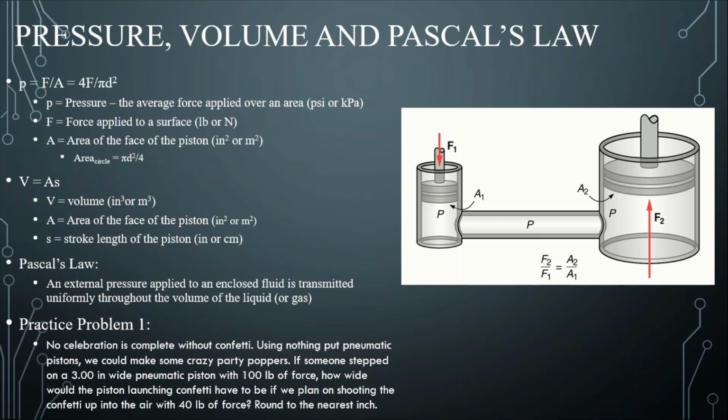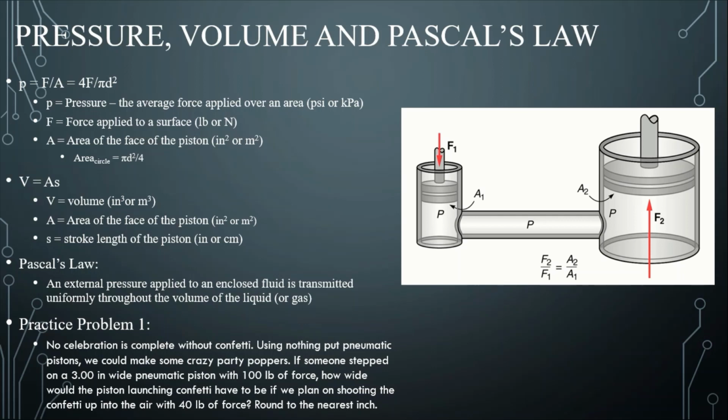No celebration is complete without confetti. So we're going to use some pneumatic pistons, and we're going to make some really intense party poppers. So let's say someone stepped on a 3-inch wide pneumatic piston with 100 pounds of force.